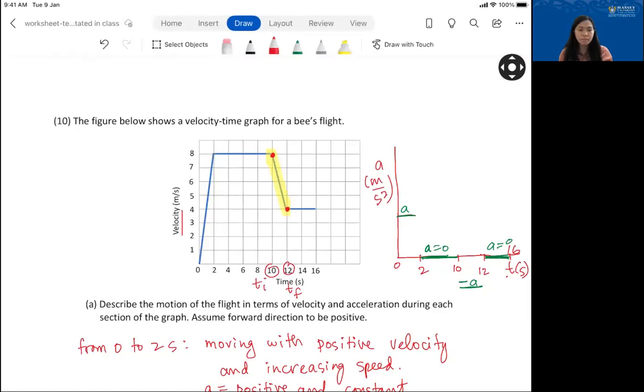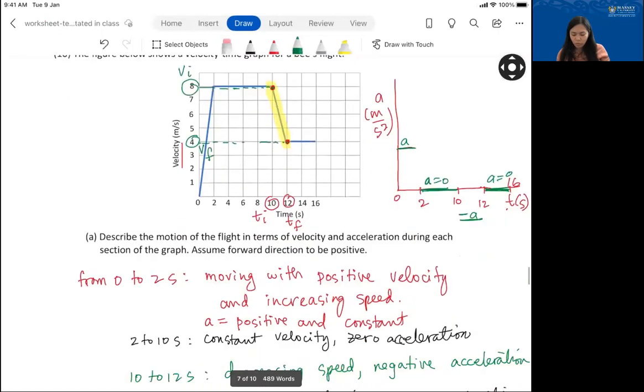So that will be your initial time, right? At the final time, the point is here. So that means your final velocity is 4. That will be your final velocity, and your initial starting point is at t equals 10. So that will be your initial velocity VI. Right. So 8, 4, 12, and 10.